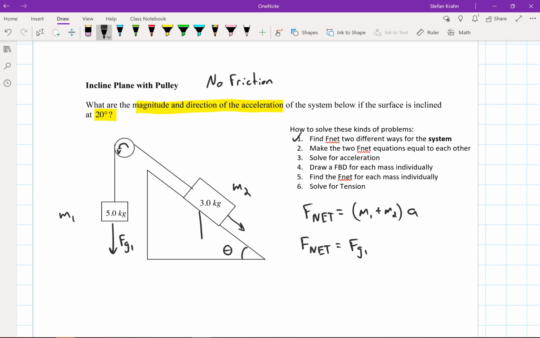Well, back to our inclines lesson, this is going to be Fg2, and I can break that up into a perpendicular component and a parallel component. So I'm going to call this one here my perpendicular component, and this is going to be my parallel. So the force that's counteracting is going to be Fg2 parallel.